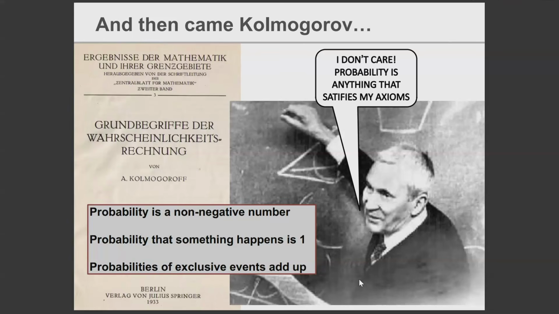It didn't, of course, resolve the question of whether it's subjective. At the level of axioms, Kolmogorov said, okay, I give you a set of rules for how to play with this. Where those numbers really come from, how you get them in the first place, the numbers that conform to the 3 axioms, is your problem.